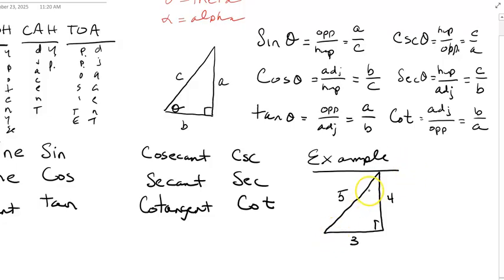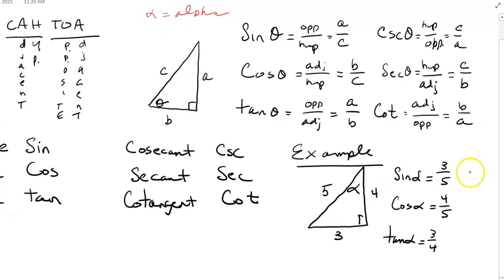All right, so you're given that information. And let's do alpha, and let's put alpha up there. So what does that mean? Sine of alpha is opposite over hypotenuse. So 3/5. Cosine of alpha will be adjacent over hypotenuse, 4/5. And tan of alpha will be opposite over adjacent, or 3/4.